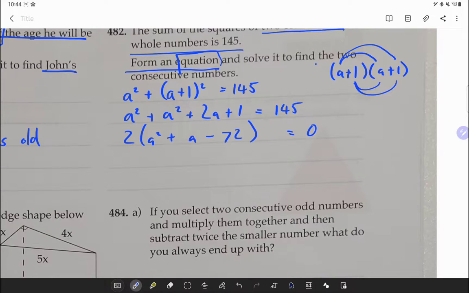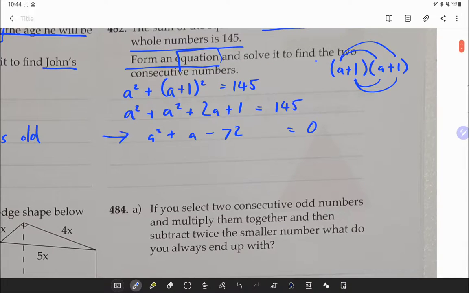I can say that's a common factor. I can divide both sides by 2, so that 2 is gone, and 0 divided by 2 is just 0. So there we have it. That's an easier equation for us, isn't it? And let's solve it. Let's factorize it. Remember, when we're solving a quadratic, generally we factorize it.